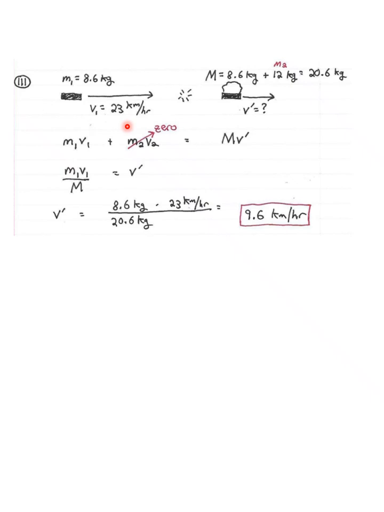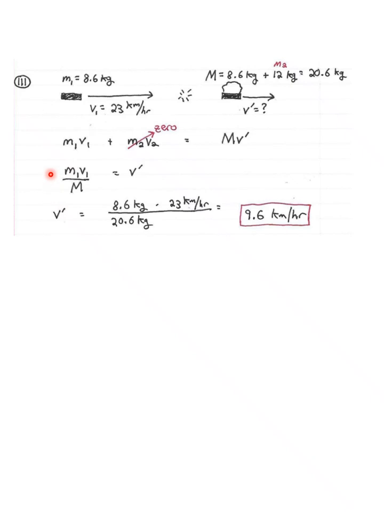Although it was dropping downward, it had no momentum in the x direction. So the x component of v2 was 0. And that's going to equal the big mass times v prime, and it's v prime that we want to solve for. So algebraically, v prime is M1 over big M times v1.